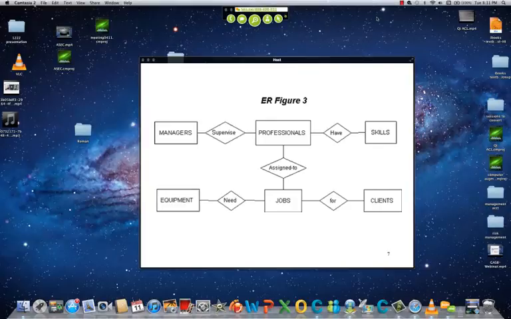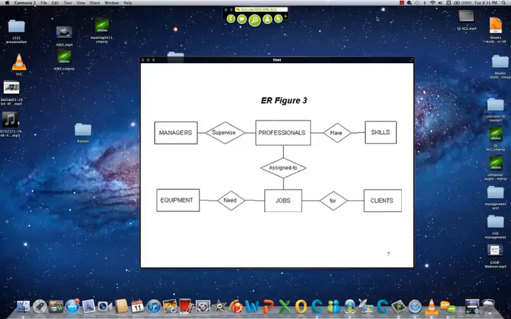So you need some equipment, for example, laptops, your computers, right? And finally, jobs are performed for clients, okay? So now we have 6 entities, 6 objects of interest: managers, professionals, skills, equipment, jobs, clients. For each of those things of interest, you will have basically a table, okay?